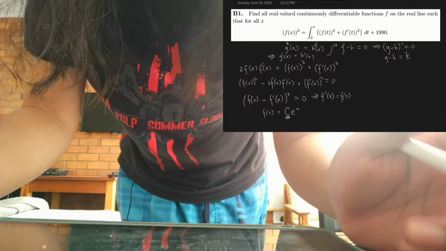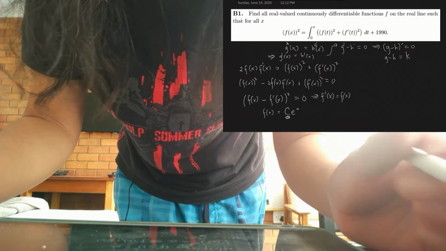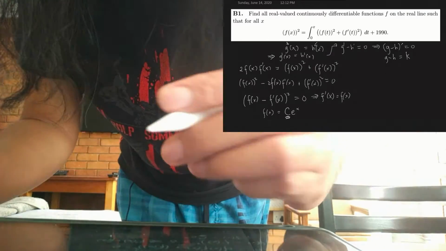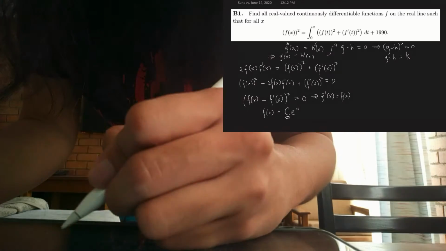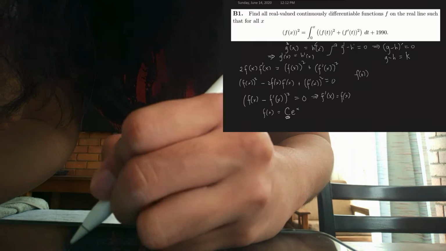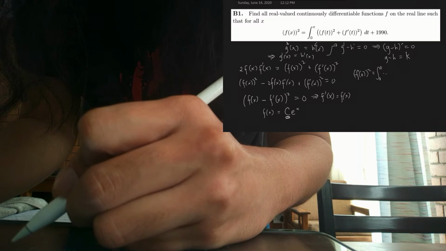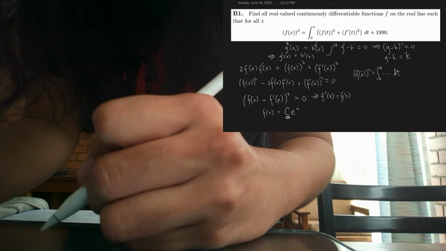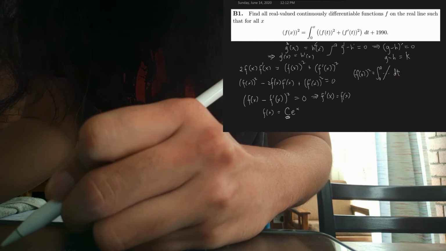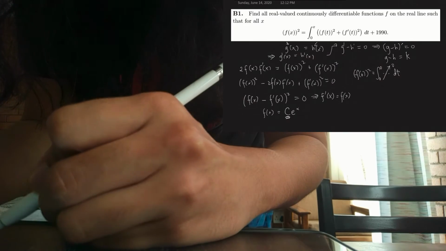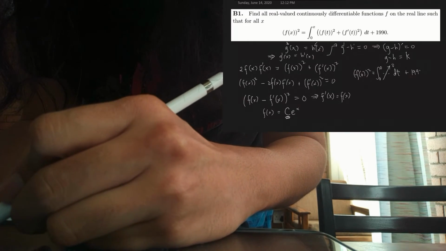That point we can take to be 0. Why? Because if we set x equals 0 in our original equality, f of 0 squared equals the integral from 0 to 0, and since the limits are now equivalent, this becomes 0, and we are left with 90.